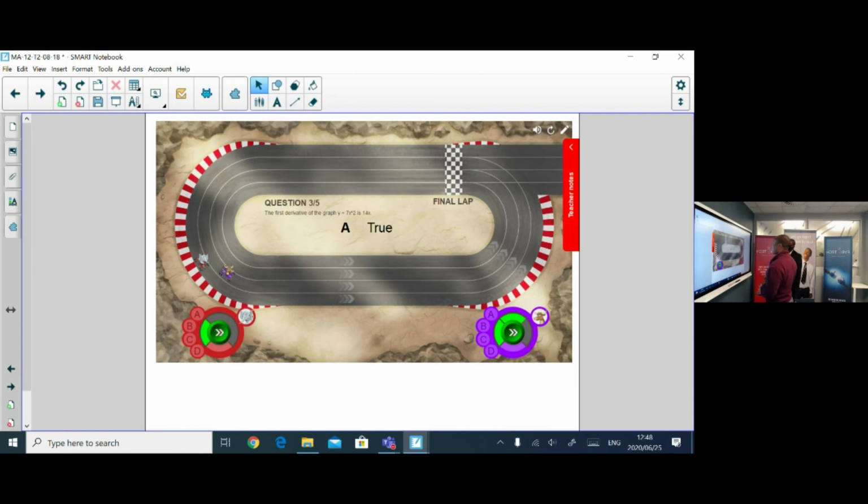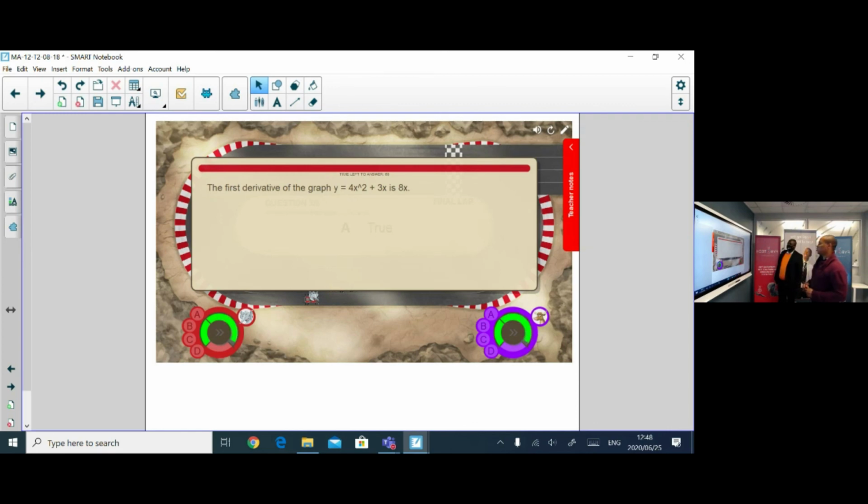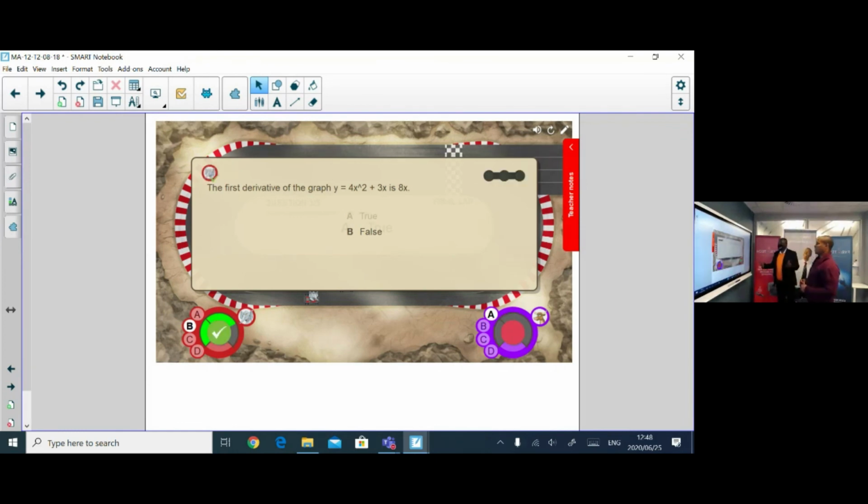as we worked out. Then we are almost going to the final leg. What is the first derivative of a graph such as this? So it will be x cubed, and I'll take A in this case. Okay, so at least Freddy got it correct.